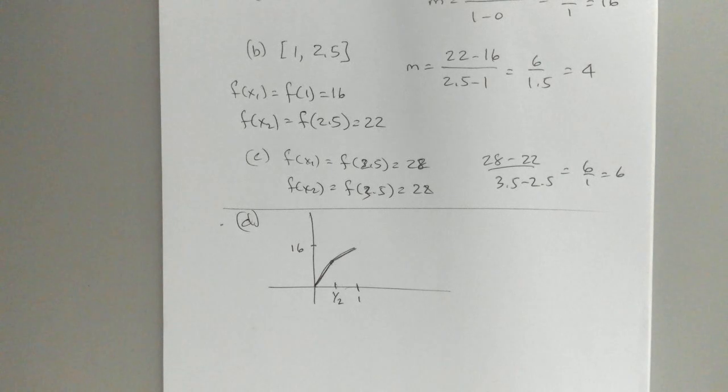What is the instantaneous speed when t equals 2? Remember, the reason they picked 2 is because if you look at right here, it's increasing. 2 and 3 is constant.